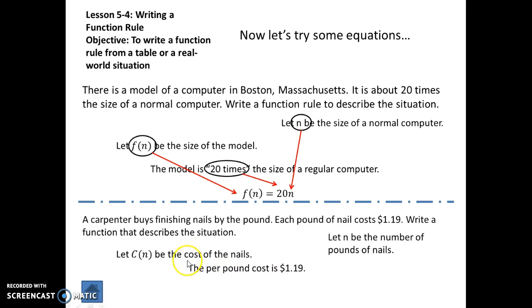The important information is that the per pound cost is $1.19. We have to remember that per pound means we're multiplying this cost times the number of pounds of nails. So C of n is by itself, and then the $1.19 is multiplied by n, the pounds of nails.